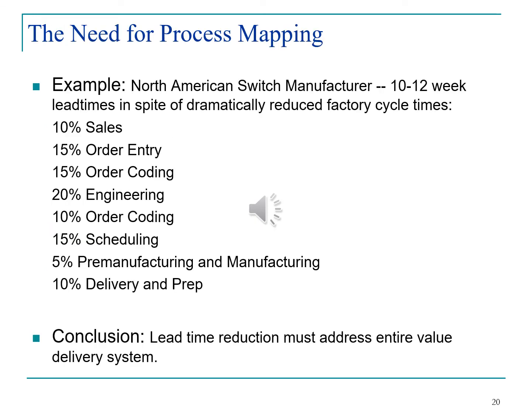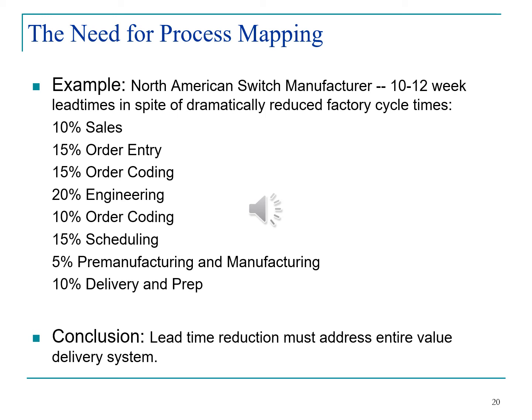So why do we need process mapping? For example, the North American switch manufacturer recorded 10 to 12 week lead times in spite of dramatically reduced factory cycle times. So here we have some percentages in terms of where the lead times were happening. I see 10% sales, 15% order entry, 20% engineering.